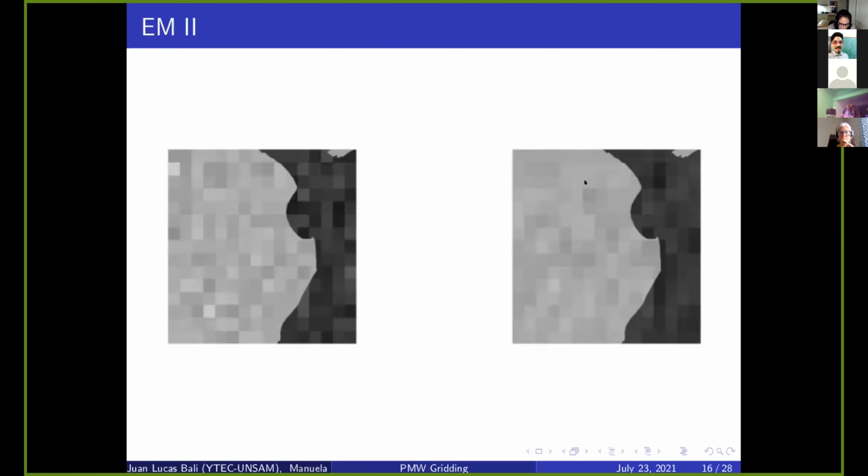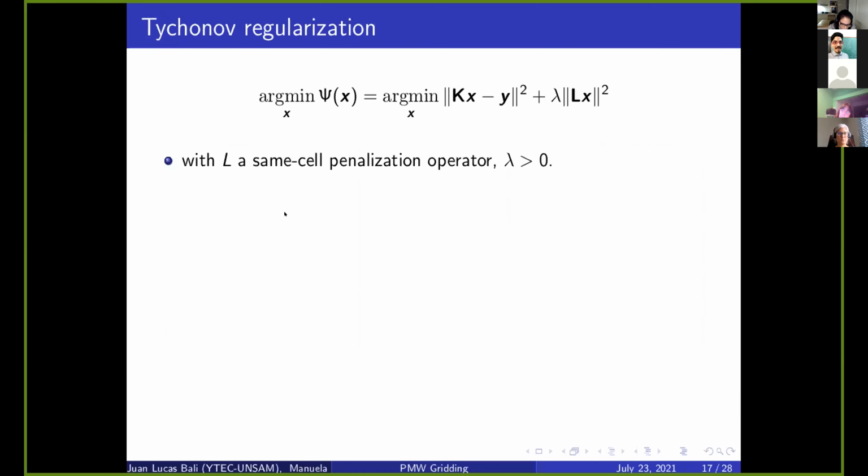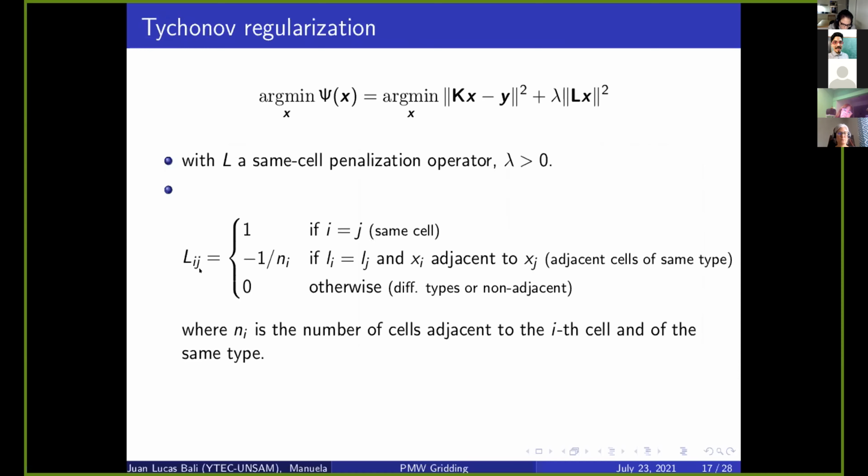If this cell over here has all land neighbors, we will penalize it if there is a strong difference between this cell and this one. But here on the frontier between land and sea, if this is a land type cell, it will only take into account land cells. So this penalization operator handles spatial correlation, but considering the same cell type, whether it's land or sea, for example.